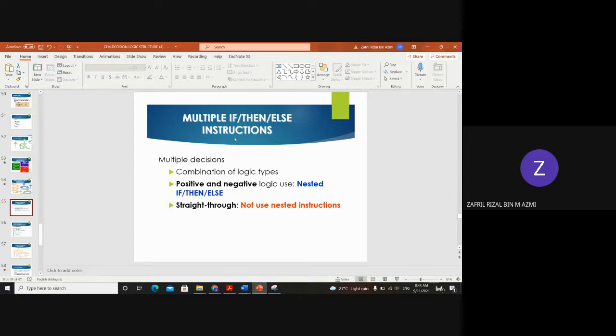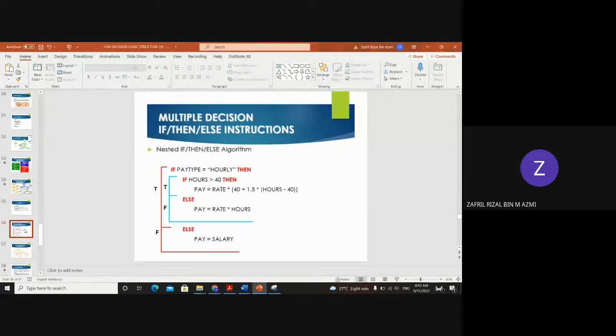Okay, next is the nested. Nested is similar to the negative structure, where we have a decision, and then inside of it we have another set of decisions, and most probably it is a different set of decision.